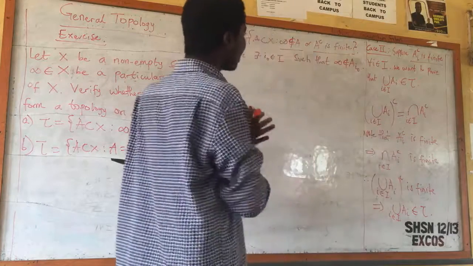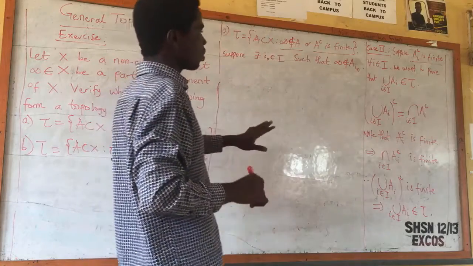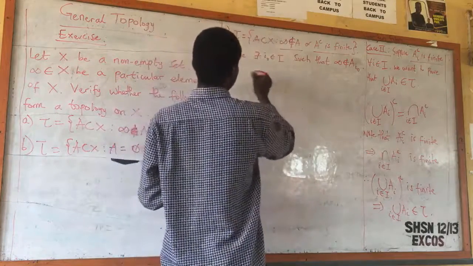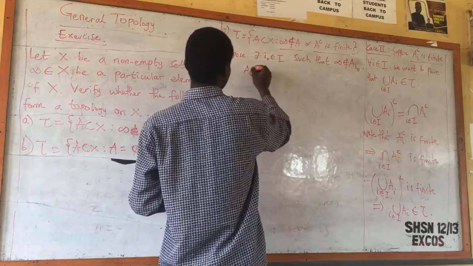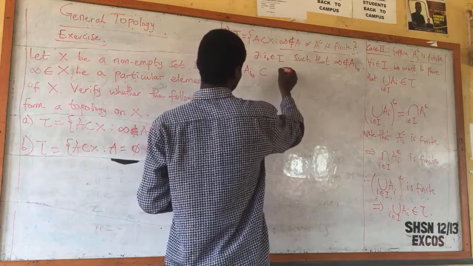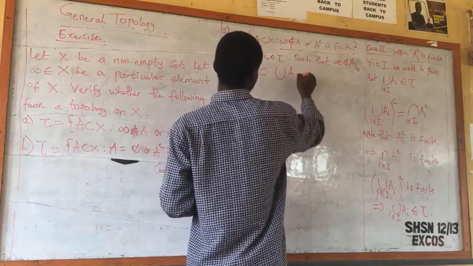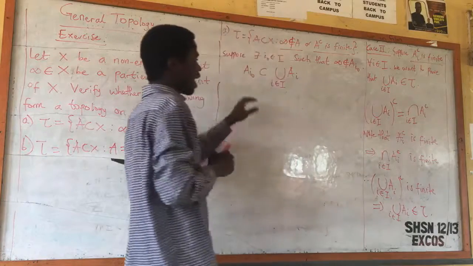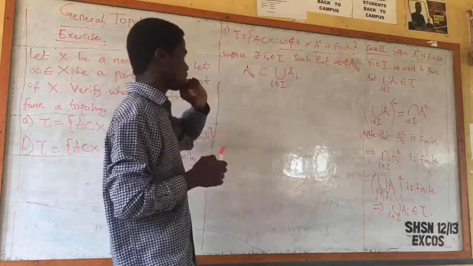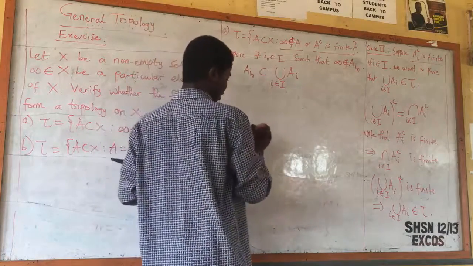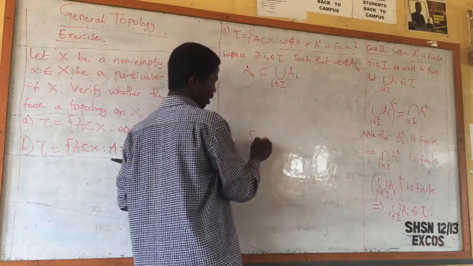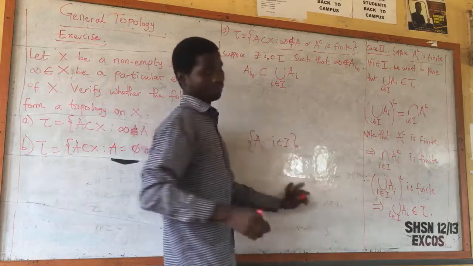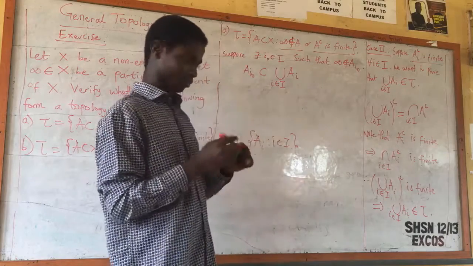So we know that infinity does not belong to the AI naught. Now we know that AI naught is a subset of the union of the AIs of I in I. What I'm trying to say is that from the collection I have taken here, I said let AI, I in I, be a collection of members of the topology.